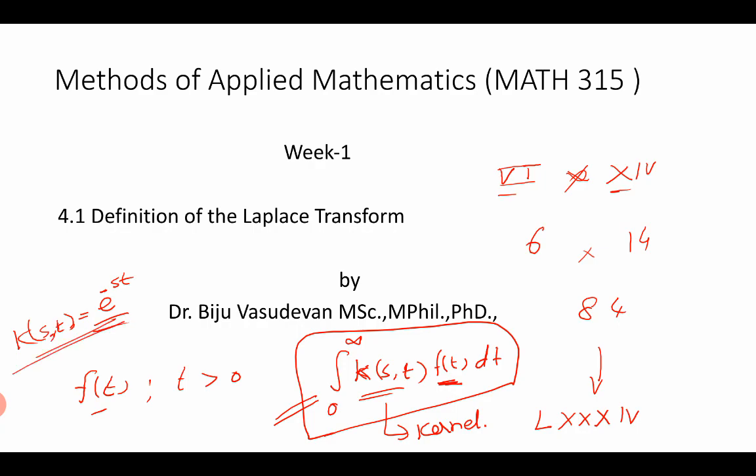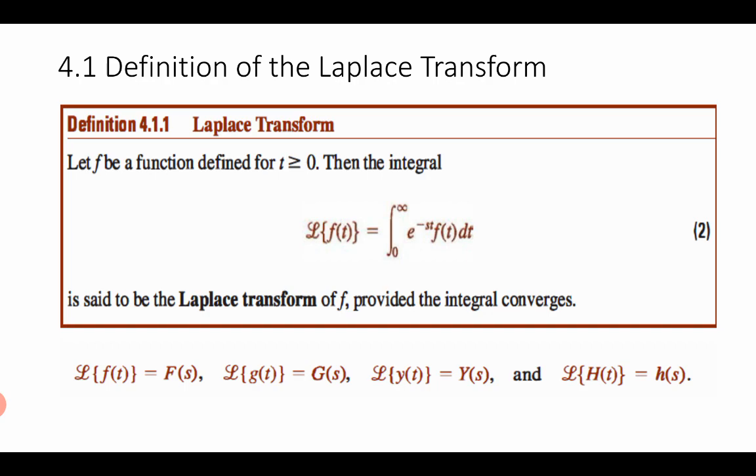So what is s and what is t? Actually, we are going to see the definition right now. Here f is a function in the time domain. The Laplace transform of the function f of t is the integral from 0 to infinity of e raised to minus st f of t dt. It will be a Laplace transform provided the integral converges.